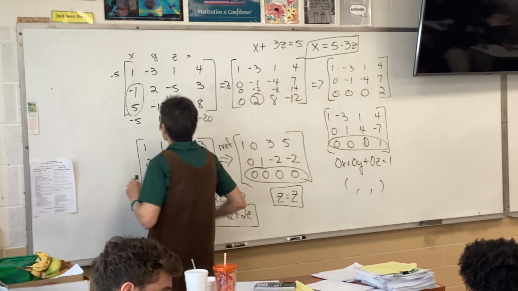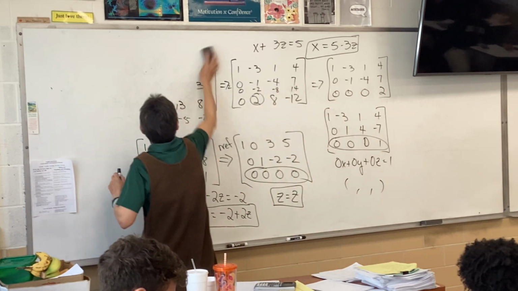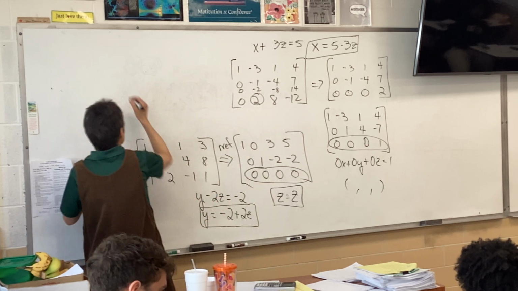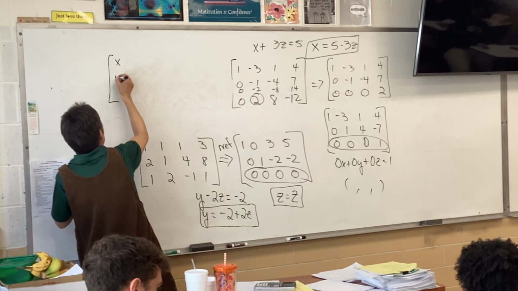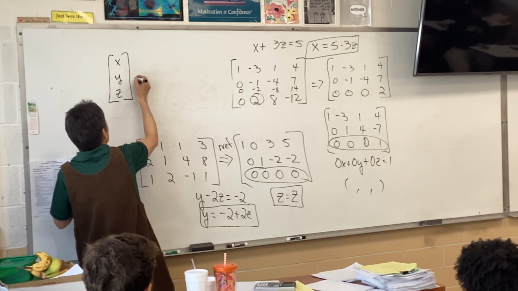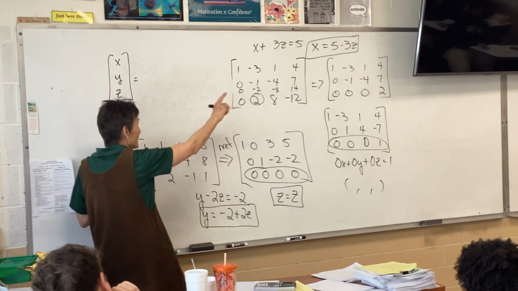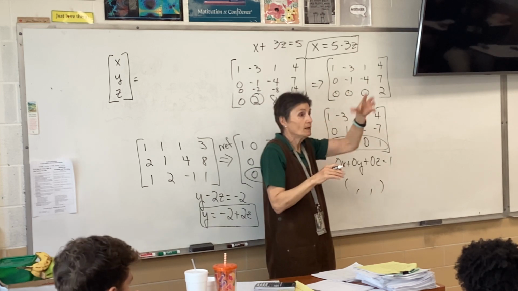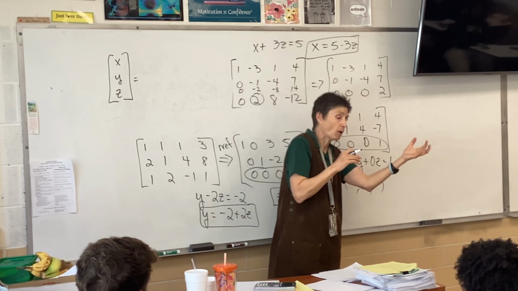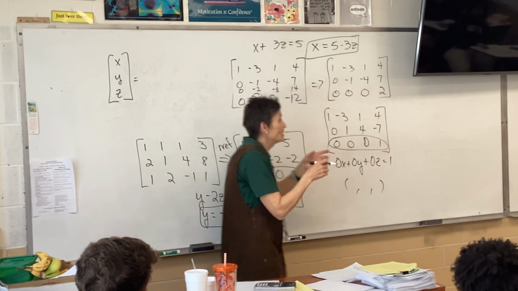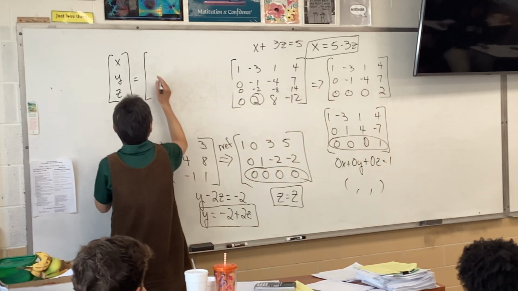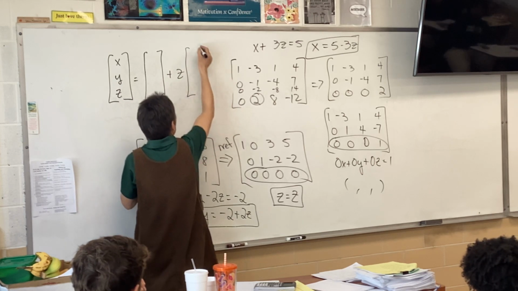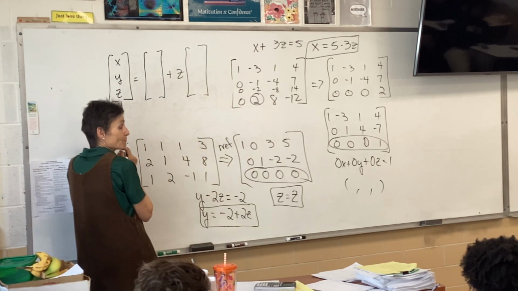Well, there are a couple different ways, but probably the most efficient way of writing it is to say, all right, (x, y, z) equals. Now, each variable consists of two parts, a number and what was a t part before, and now it's a z part. So I'm going to have a column for my numbers and a column for my parameter part.